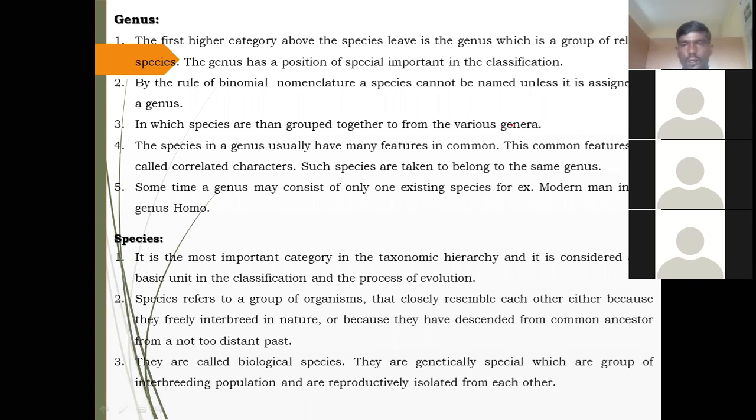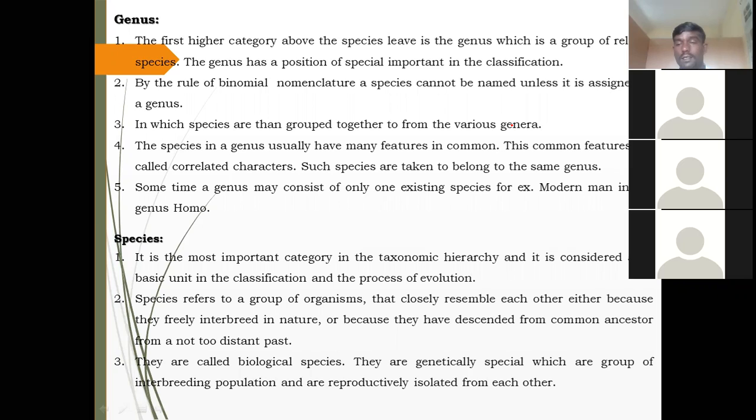Means if you are observing n number of animals, out of this you can select one proper species, and these species have the ability to interbreed or reproduce within a particular group. Breeding is completed within a particular species, that shows a common ancestor, or they show one particular past.